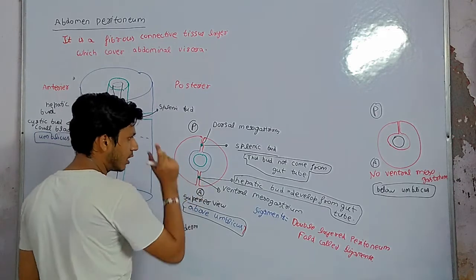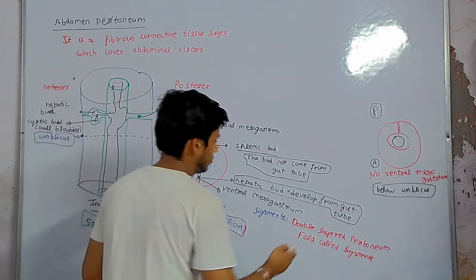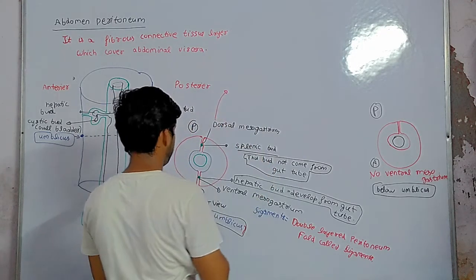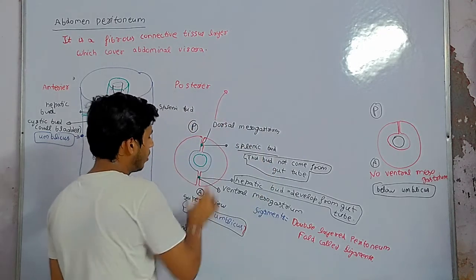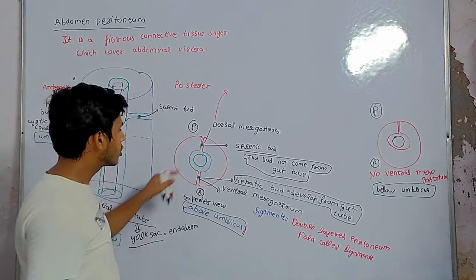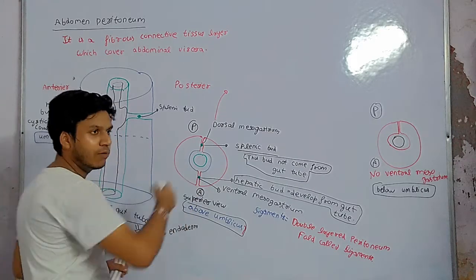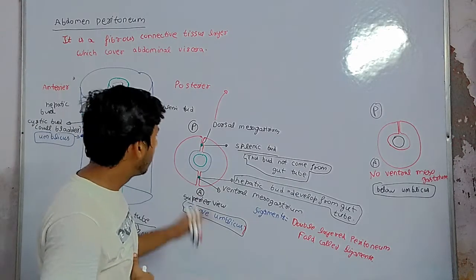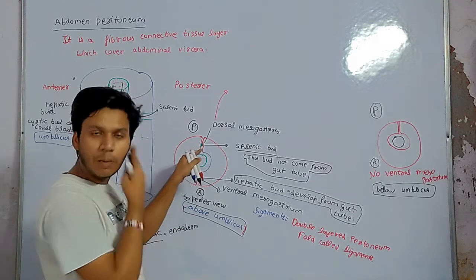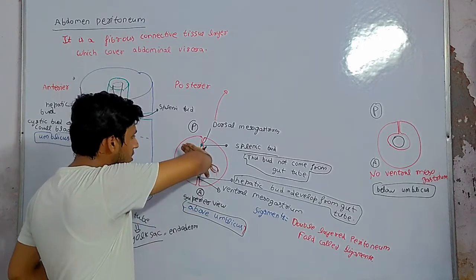Let's say this bud grows. Again, we draw here. This bud grows, and here there is turning of this part also, because we know the liver is not present anteriorly in the normal situation, and the spleen is not completely present posteriorly. So there is turning.